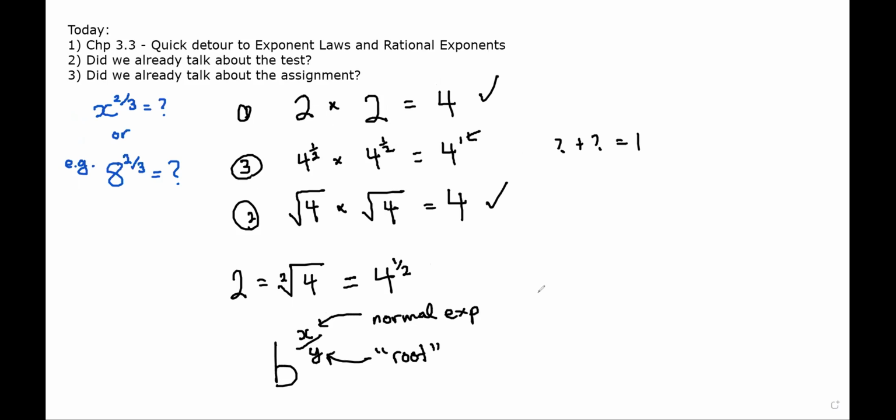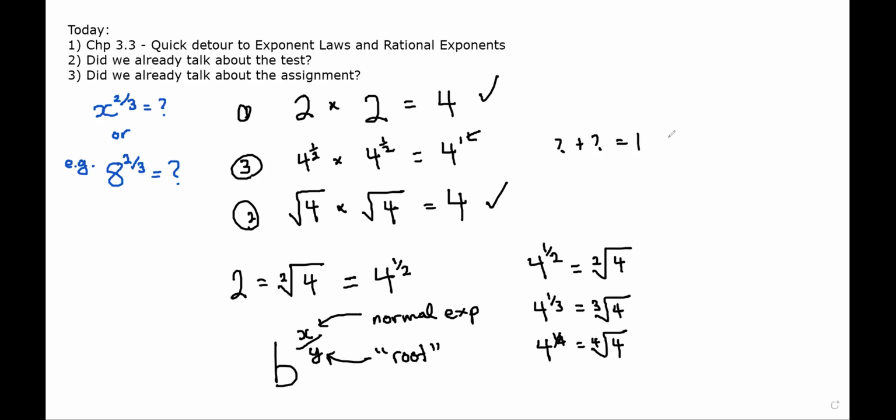So, for example, if it's 4 to the power of half, that is the same as a second root or the square root of 4. If it's 1 over 3, you can say it's the third root of 4 or the cube root of 4. 4 to the power of 1 over 4 is the same as the fourth root of 4, and so on and so forth.